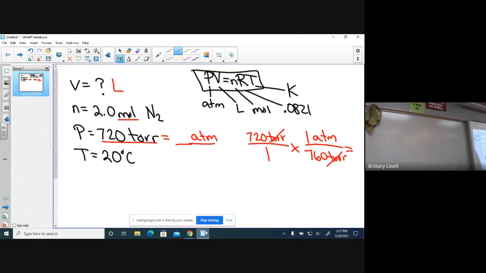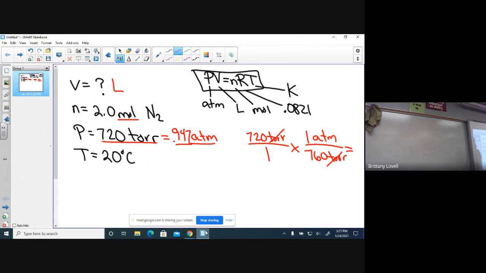I should have got a calculator out. Get my phone here. Okay, so if I do 720 divided by 760, I end up with 0.947 atm. Okay, so there's my pressure.